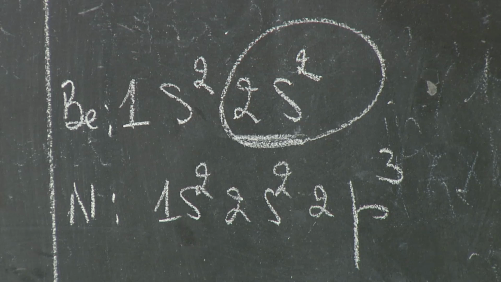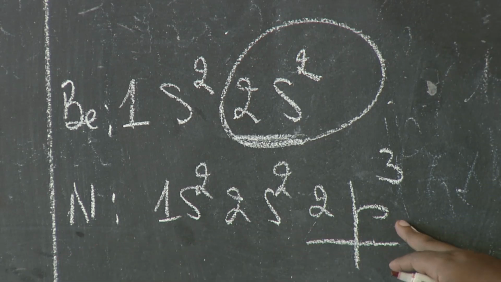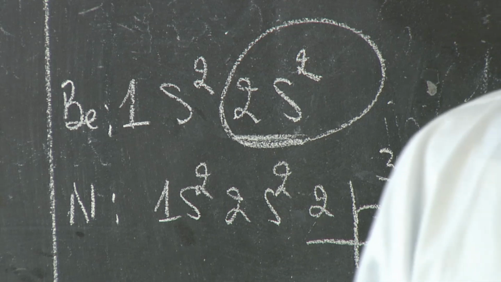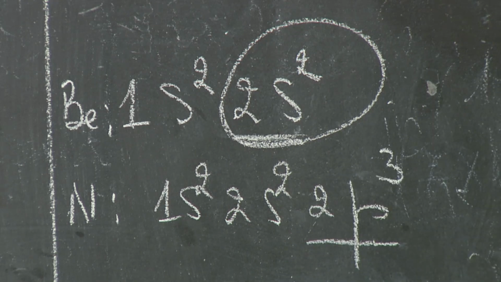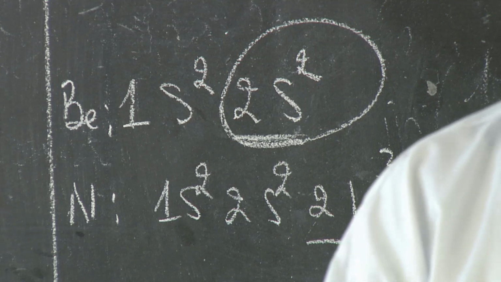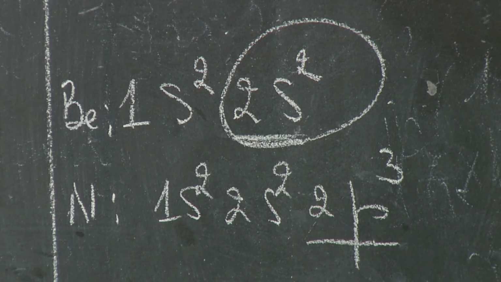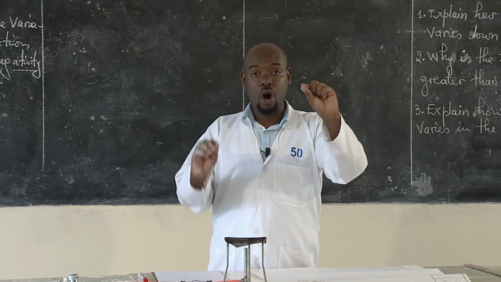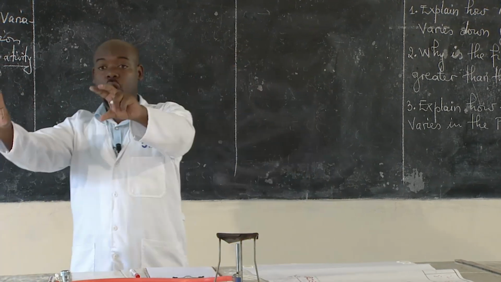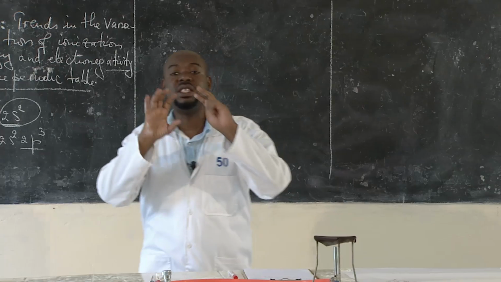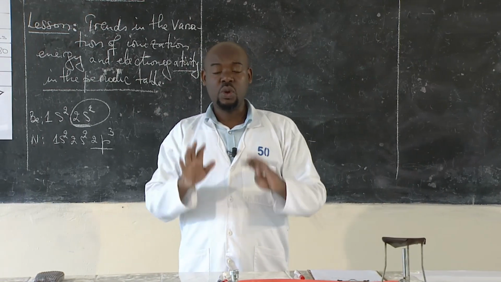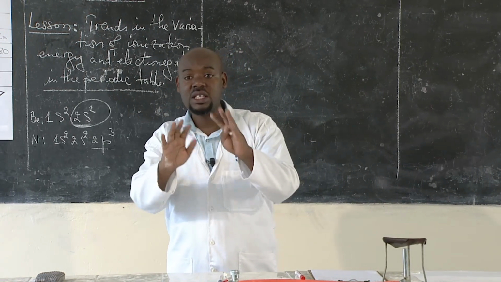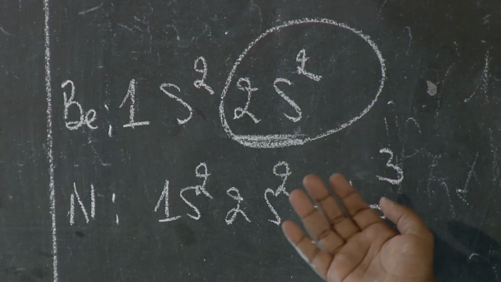Now, what about this nitrogen? Nitrogen doesn't have a last orbital which is full. But even though it is not full, it is half full. Remember, we have seen in unit number 2 that half-full orbitals and full orbitals are always very stable. So this thing applies even in the ionization energy.